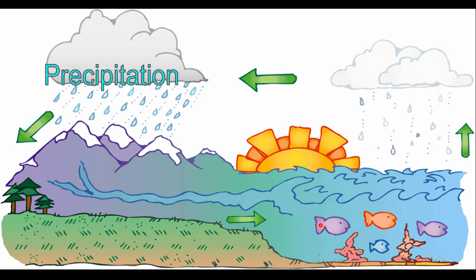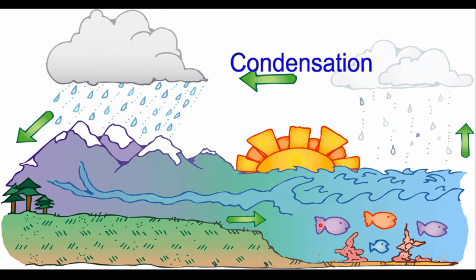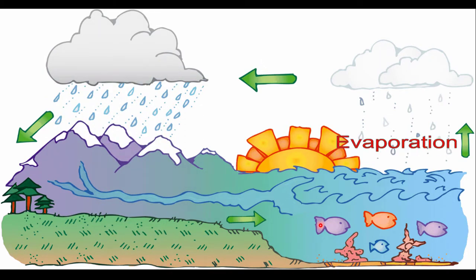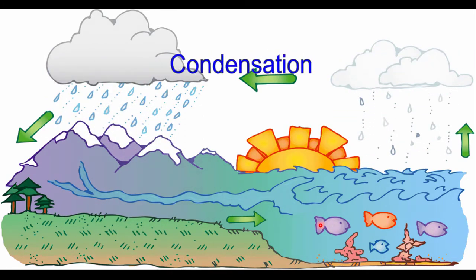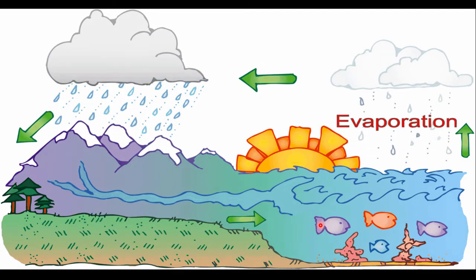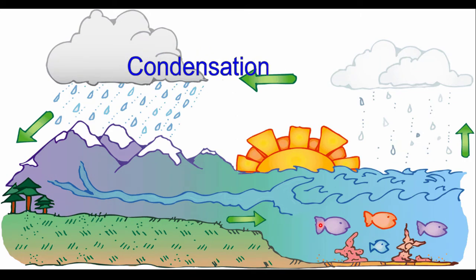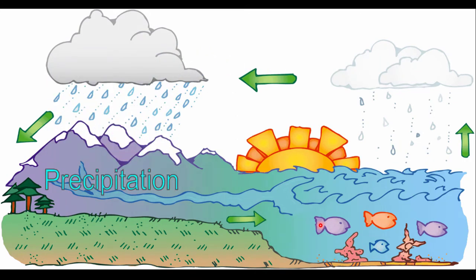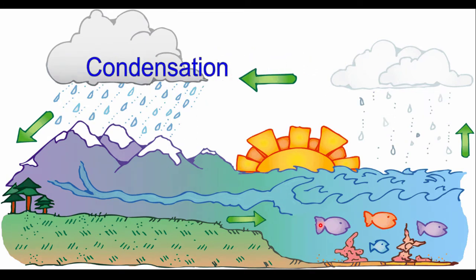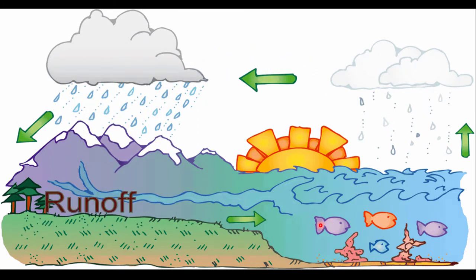And so putting all of these processes together, we get the path of the water cycle. So the sun heats water in the oceans and seas, or put together, water bodies. This water leaves the surface of the water bodies as water vapor into the air.